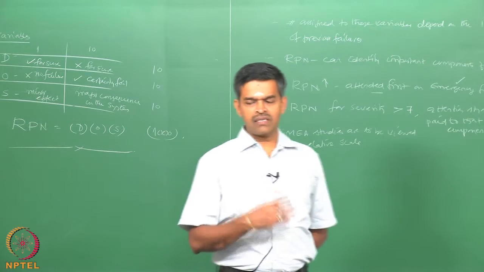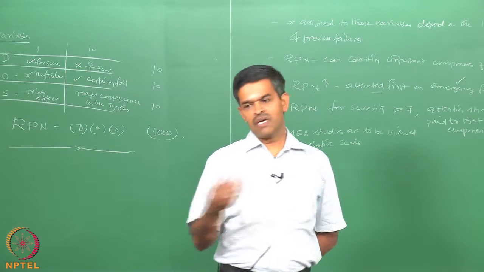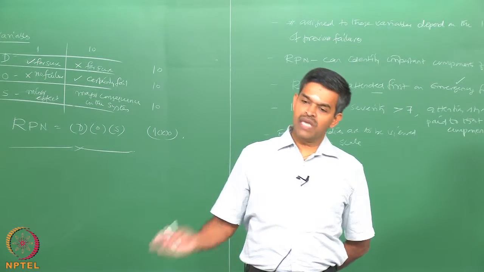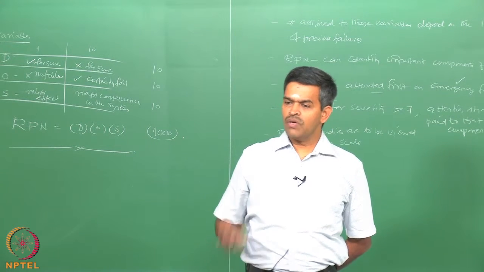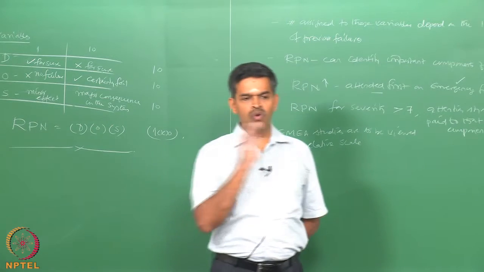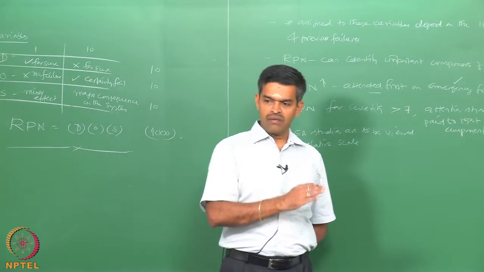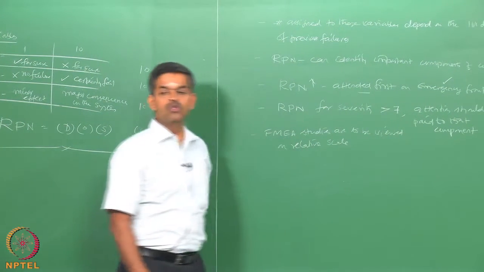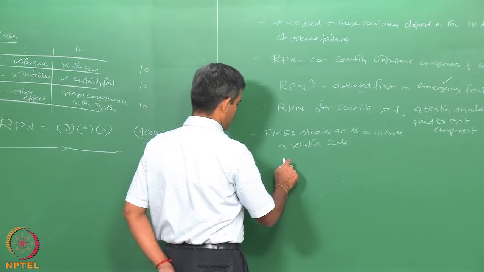So, recommended actions should be implemented on the system. Maybe the system is redesigned, maybe the component is redesigned, system is re-examined for FMEA study once again. Then one has got to compare the new FMEA study with that of the old one and then indicate what corrective measures have improved the design or improved the process in general. So, FMEA studies are also useful for self check on the developed product.